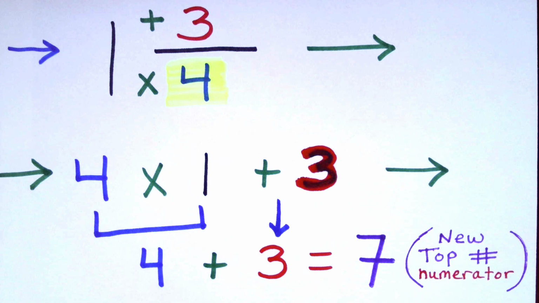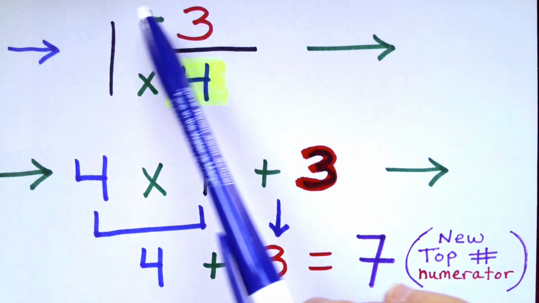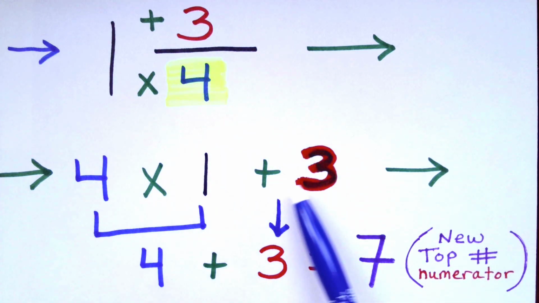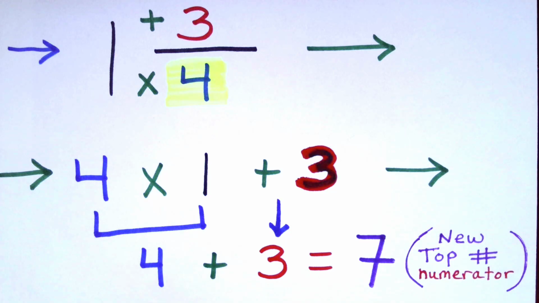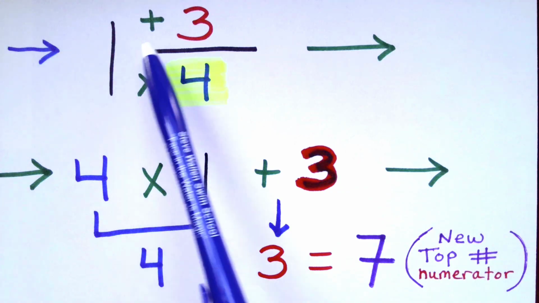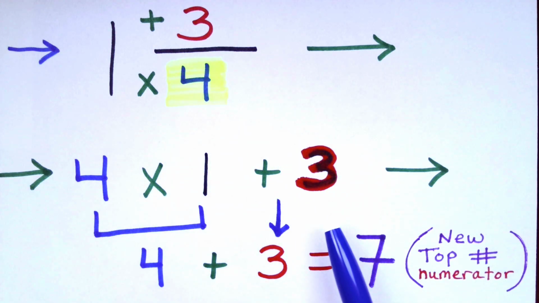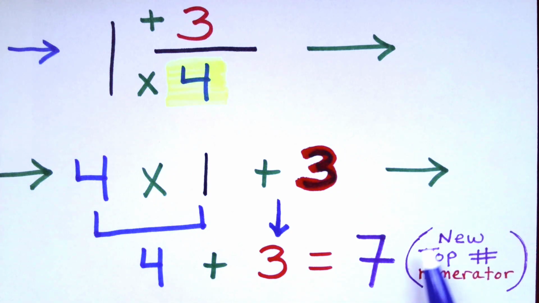Okay, so I'm showing you here the formula stretched out in a linear fashion, right? So 4 times 1, I'm showing you here 4 times 1. You take the product and you add the 3. So 4 times 1 is 4, plus the numerator is 3. So 4 plus 3 equals 7.